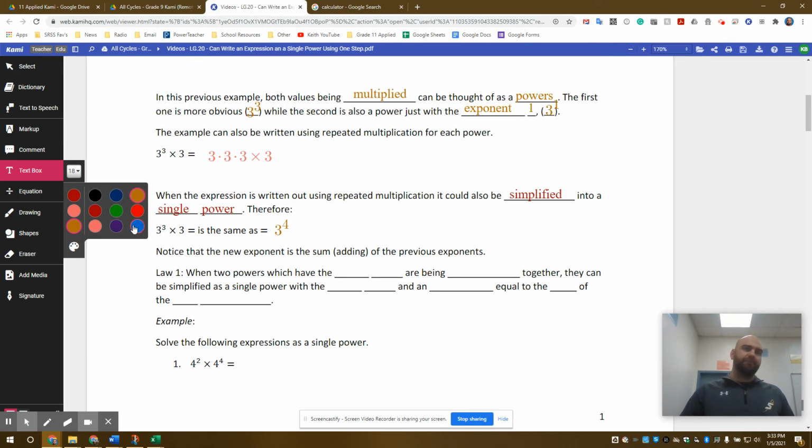And this brings us to the first law of exponents.